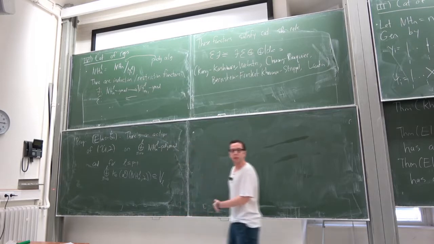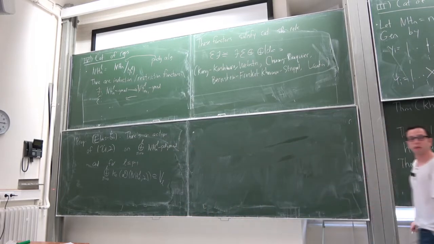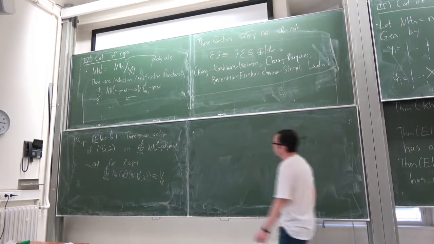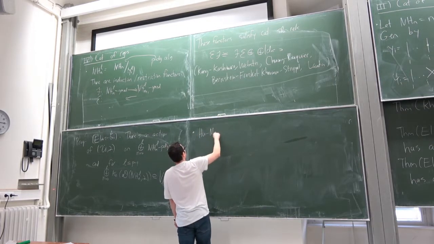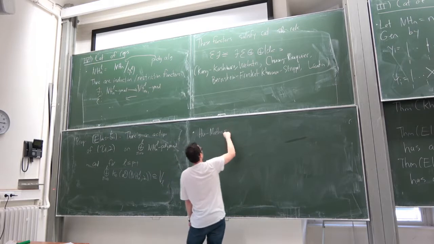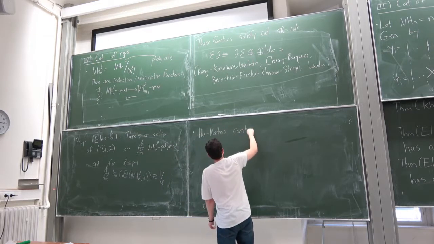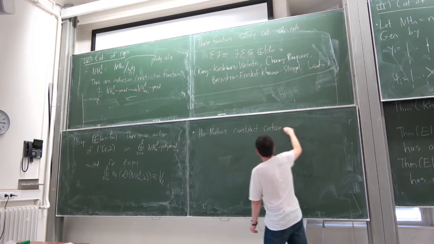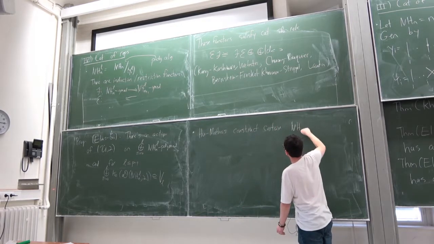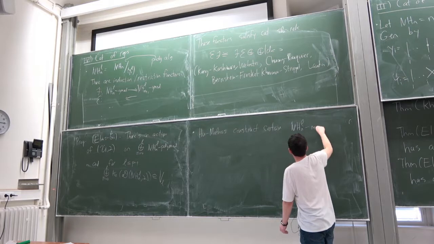And the way I'm going to do this is by describing some work of Hu and Mathas, who construct certain modules over the cyclotomic nil-Hecke algebra.